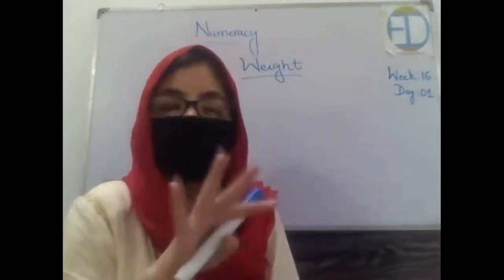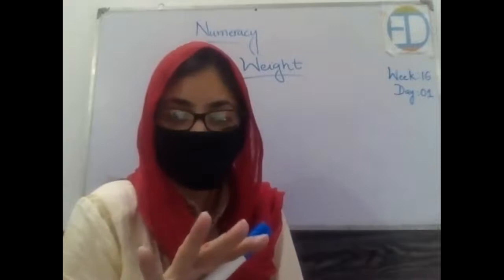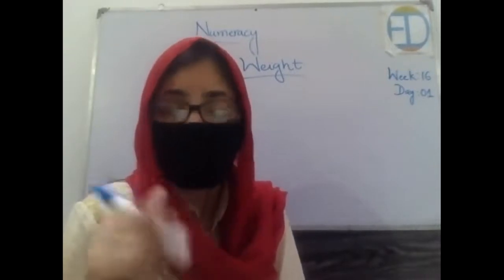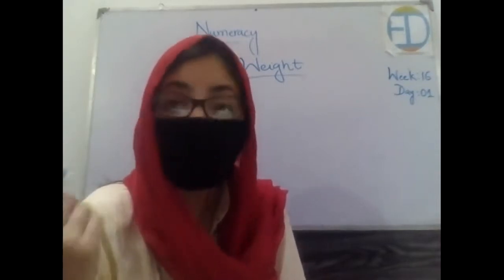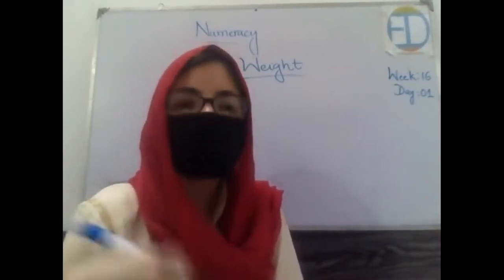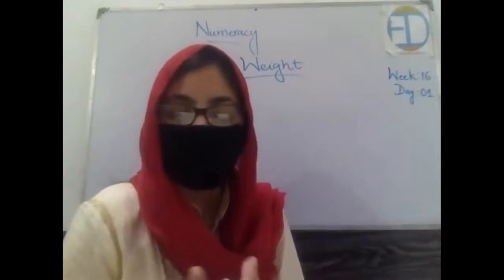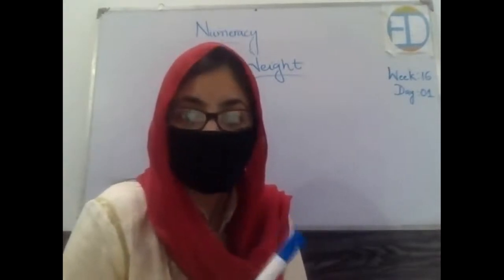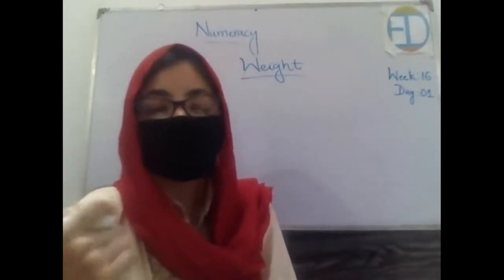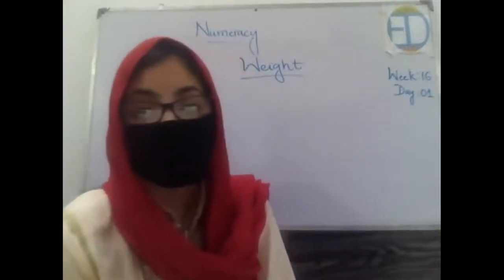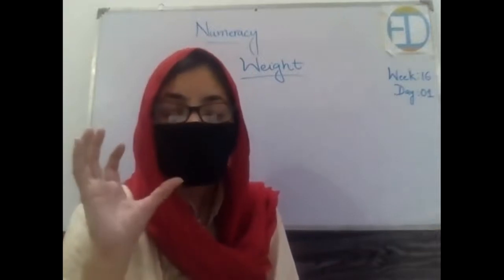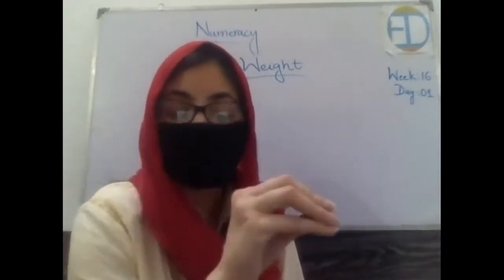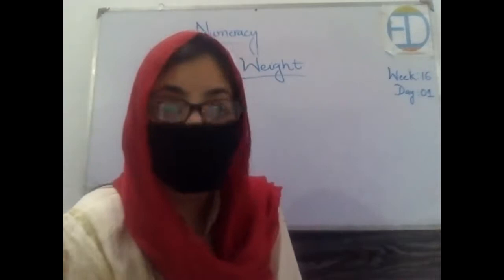This is for you. This is enough to remember that weight basically tells us how heavy an object is, right? So in today's class, the topic we are discussing is how heavy an object is, how there are a few things which are heavier, how things are lighter, right? Or what are the bases on which we say that this particular thing is heavier and this one is lighter, right?